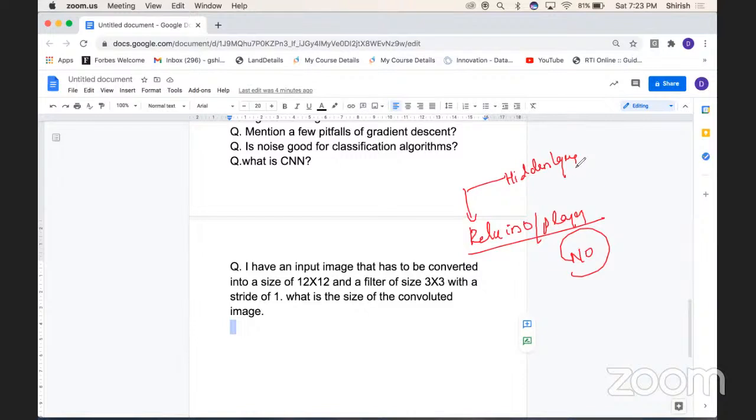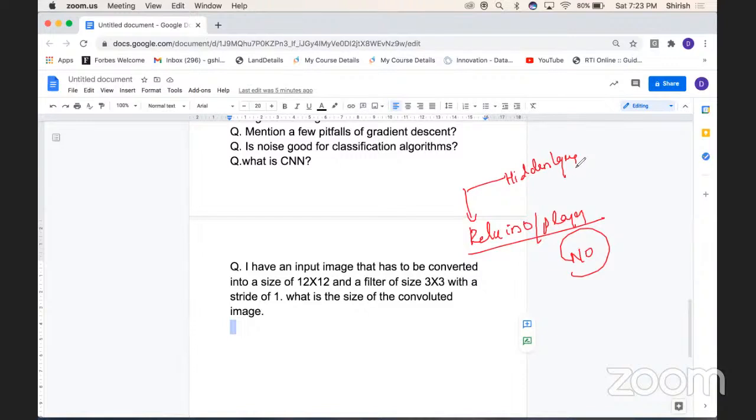Tell me why we can't use ReLU in the output layer. It's nothing but, if the output is restricted to be non-negative, it would make sense that you use a ReLU activation function as the output function, right?